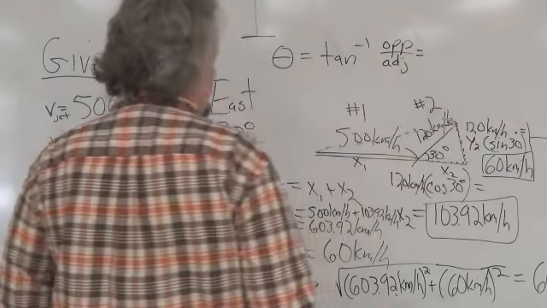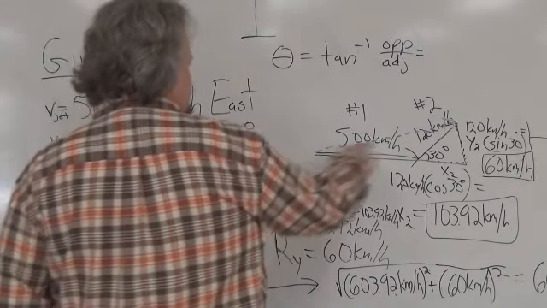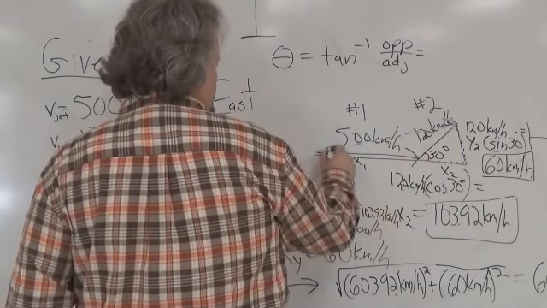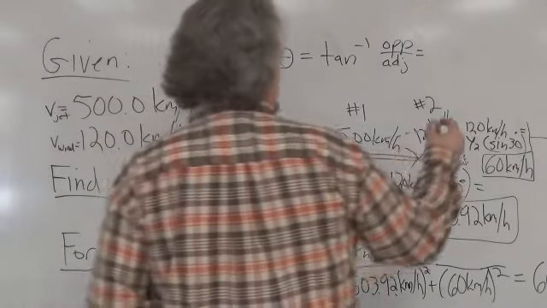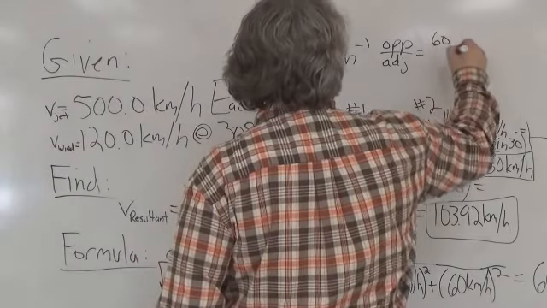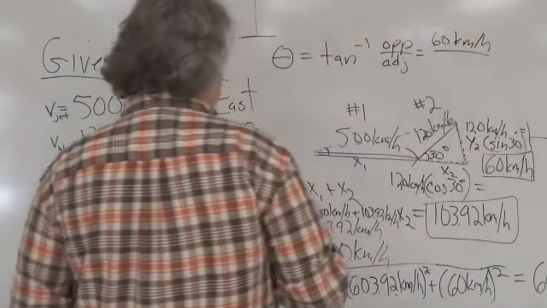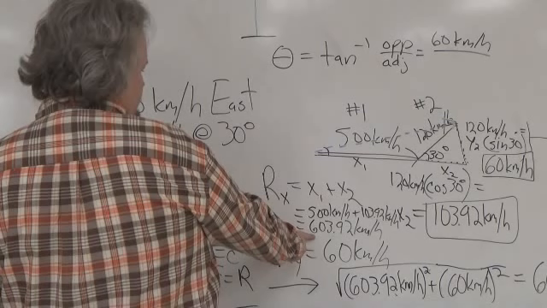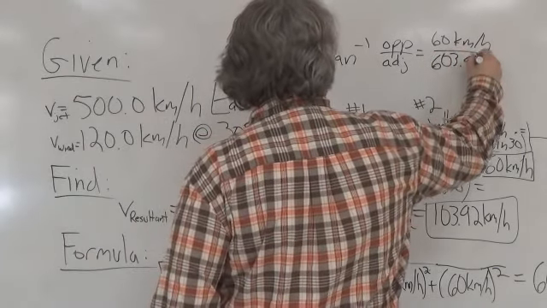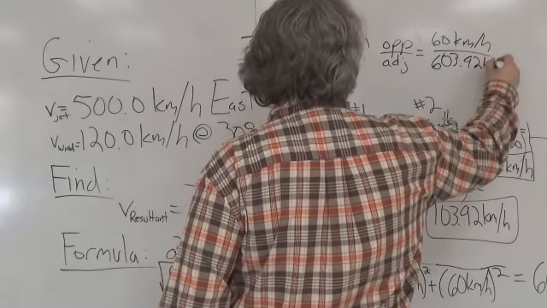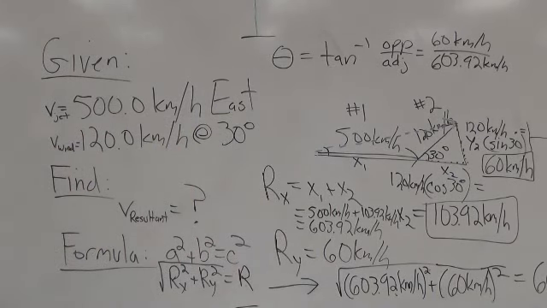So let's plug in. The opposite is the y. That's opposite here because it's going this way, so we're finding this angle of that blue line, which is the resultant. So it's going to be 60 kilometers per hour divided by the adjacent, which is the total x direction, which is going to be 606.92 kilometers per hour. So right now, find that on your calculator.